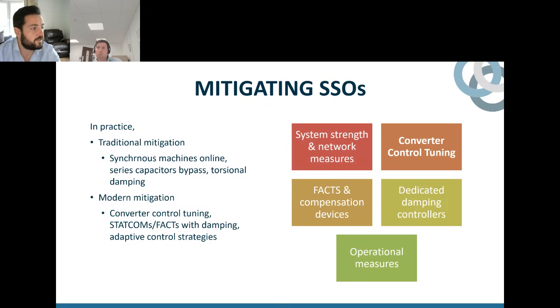However, nowadays, there are more things that can be done, such as tuning of converter controllers or adjusting phase lock loop parameters, different control bandwidths, adding FACTS devices and compensations, variable shunt reactors, and dedicated damping controllers.